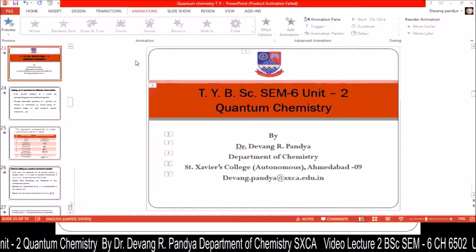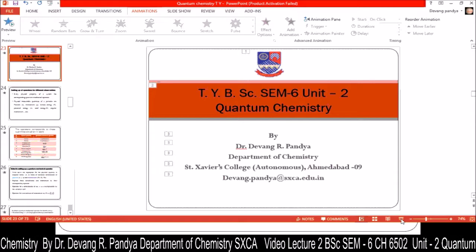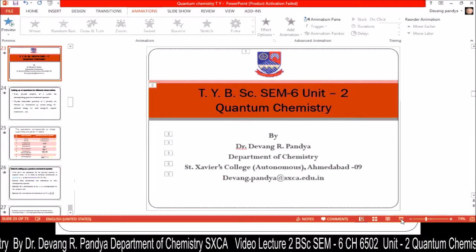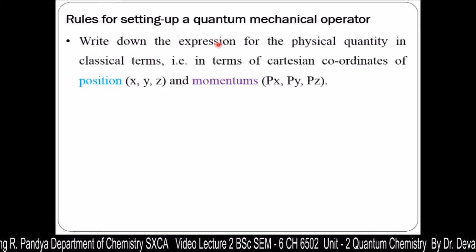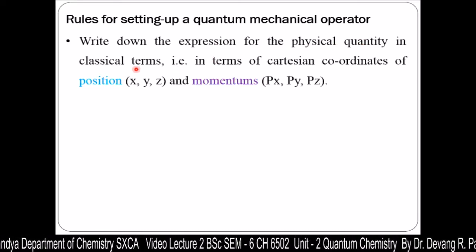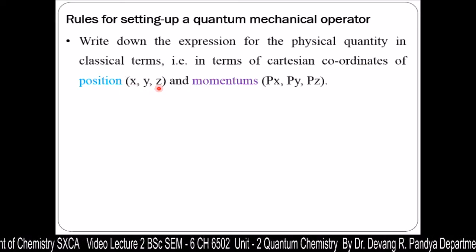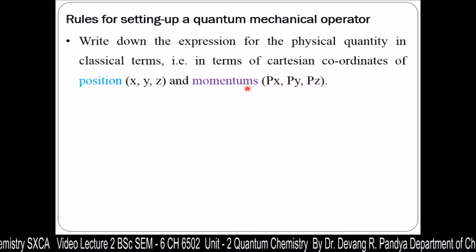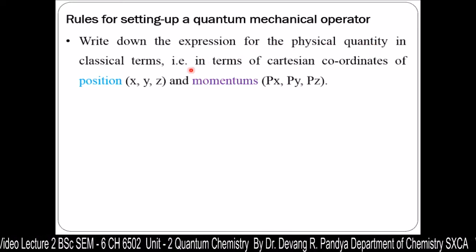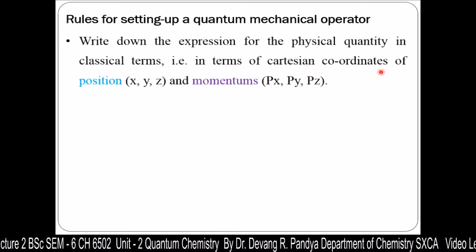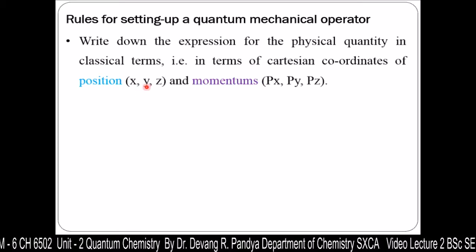If we want to indicate the position, write down the expression for the physical quantity in classical terms, in terms of Cartesian coordinates of position x, y, z and momentum px, py, pz. So you need to write down the expression of a physical quantity in classical terms, in terms of Cartesian coordinates, that is, position can be represented as x, y and z.